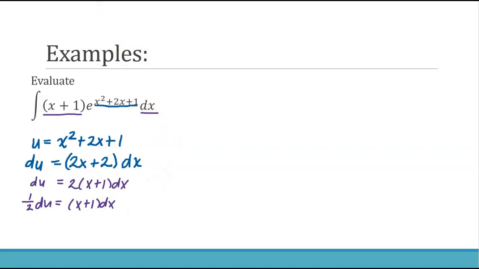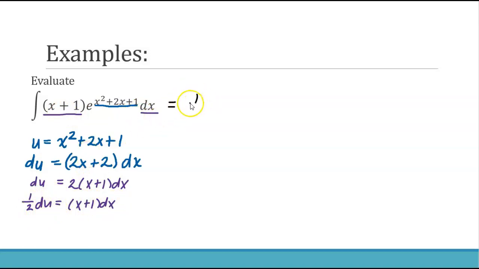So my new integral is going to become, I'm going to do things a little quicker this time, so I'm not going to bother rewriting it. Notice I didn't put the x plus 1 over here by the dx, but I want you to notice the x plus 1 and the dx gets replaced by 1/2 du.